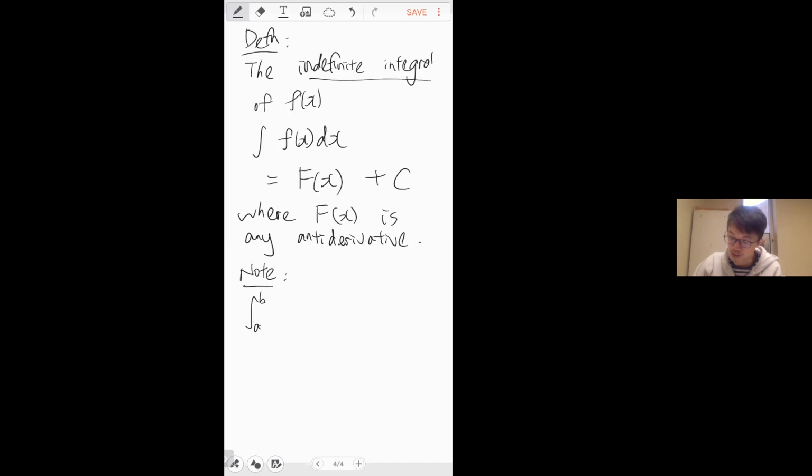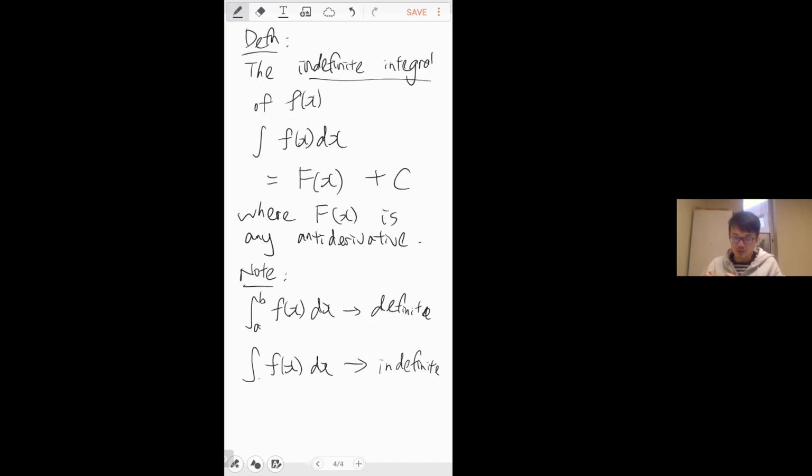So if you have a lower limit and upper limit, a and b, this is called definite. If there's no lower limit or upper limit, this is called indefinite. That's a difference in the names.